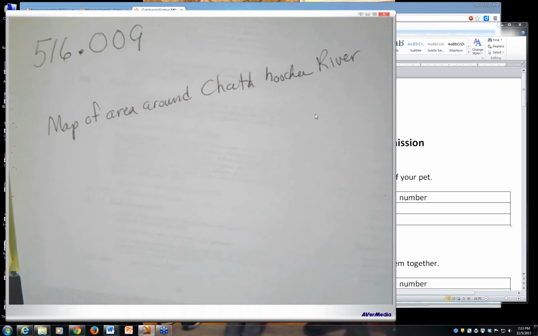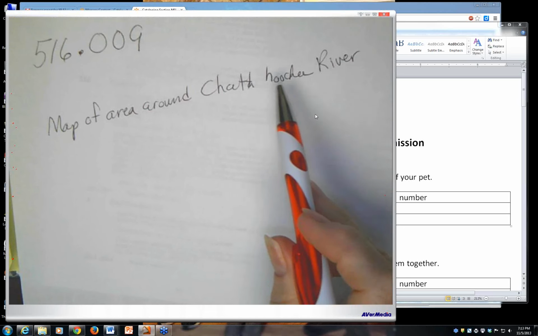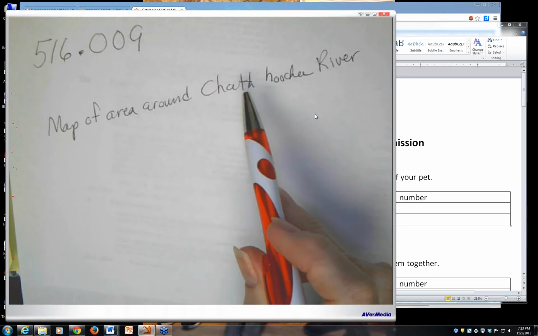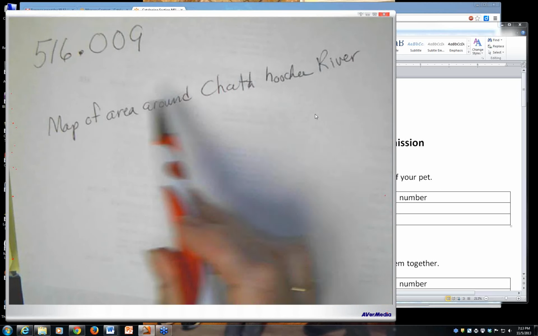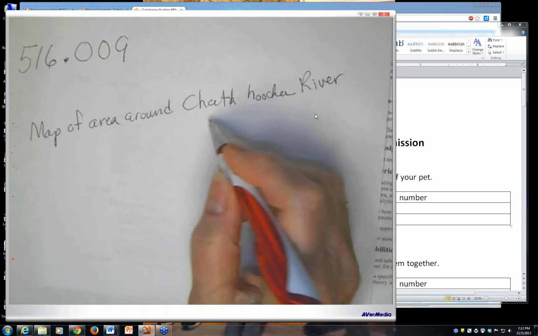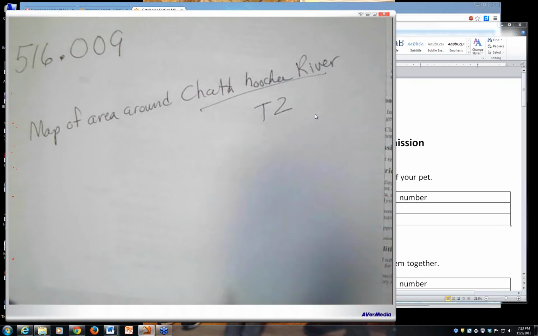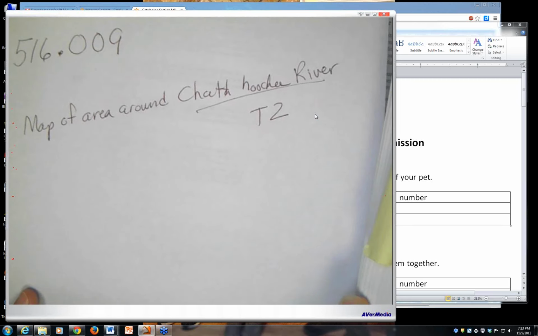So if we look up the Chattahoochee River or the geographical area where the Chattahoochee River is, are we going to find a number that will work for this, for a map? No, we're not, because this is all a T2 number. That's the location. If we look it up in the relative index, that's what we'll find.